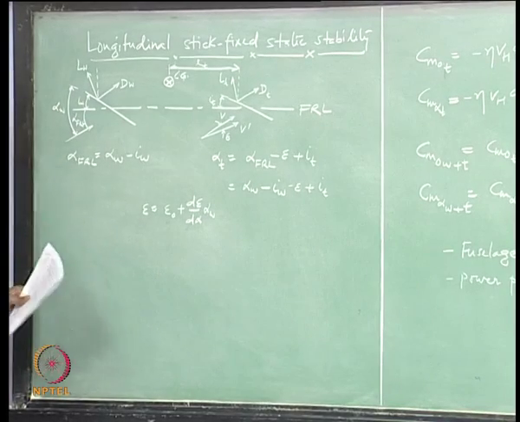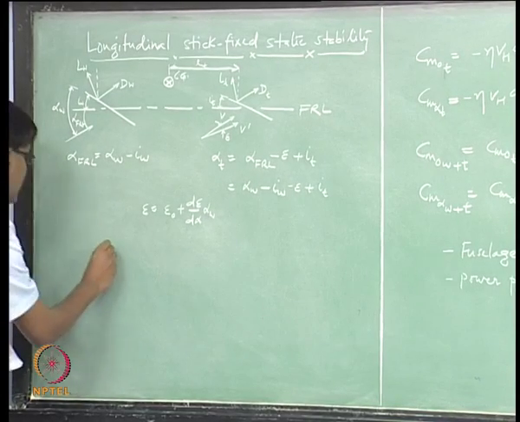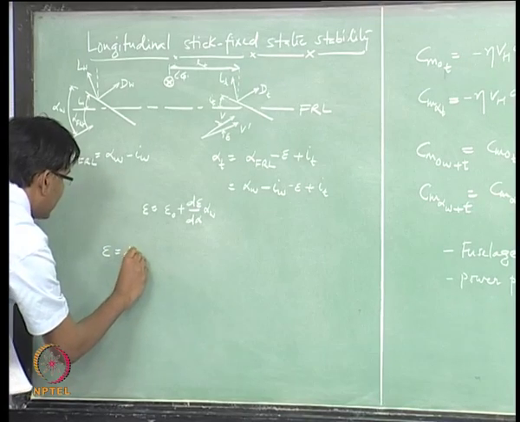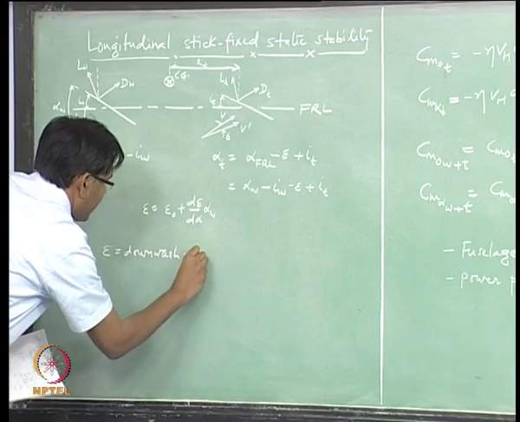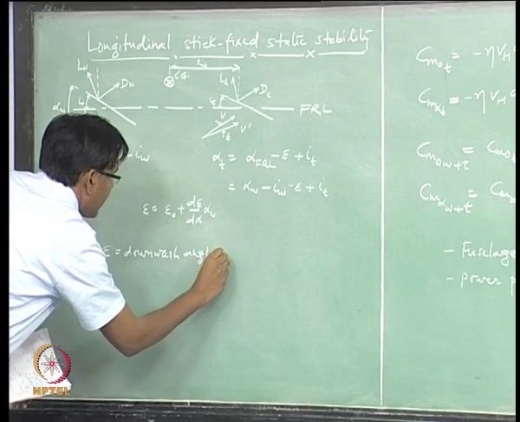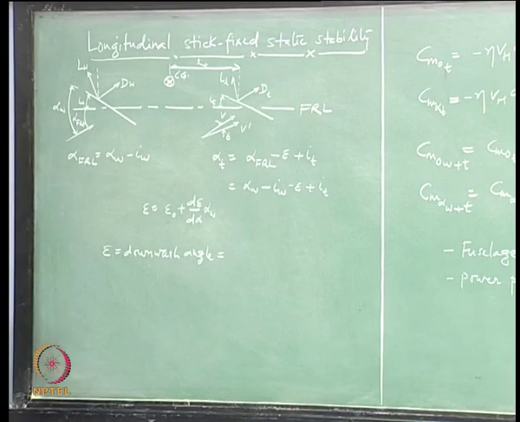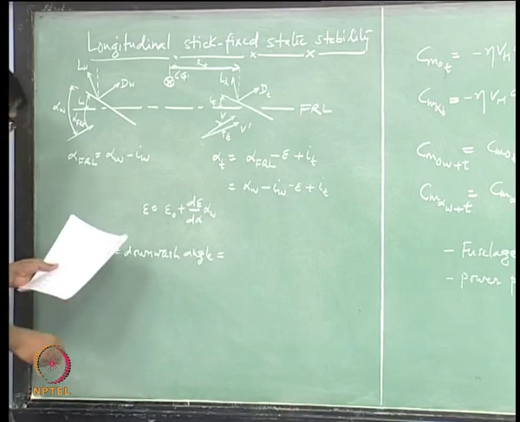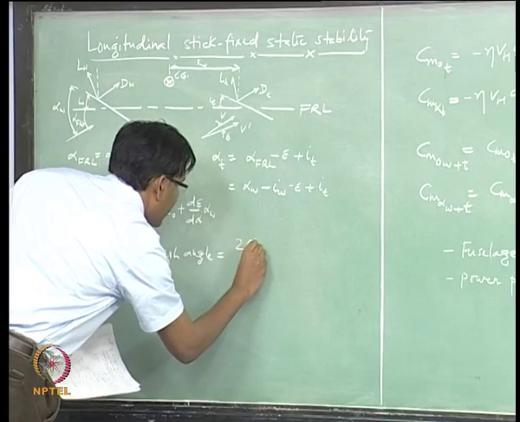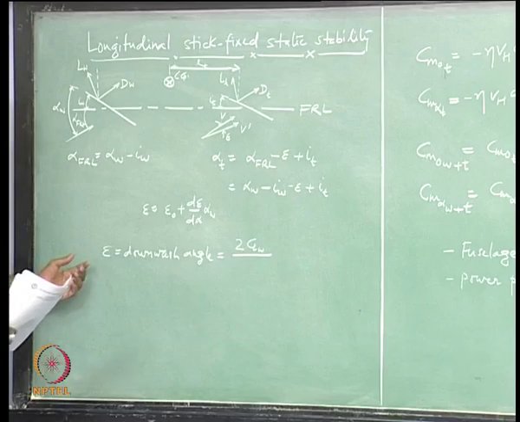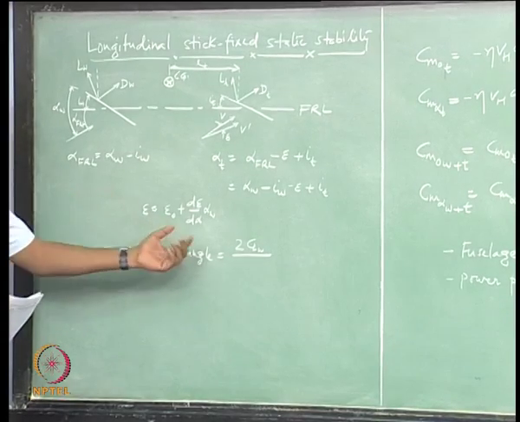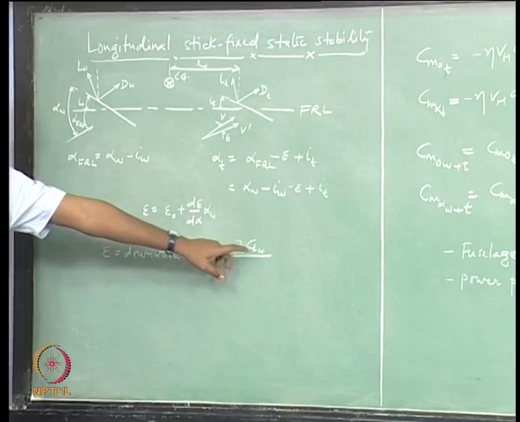So, there is a simple relation between epsilon, this downwash angle, and the lift coefficient of the wing.